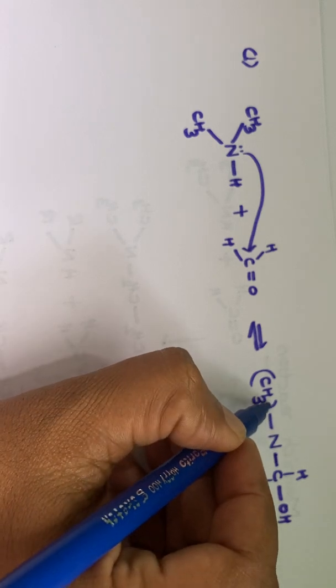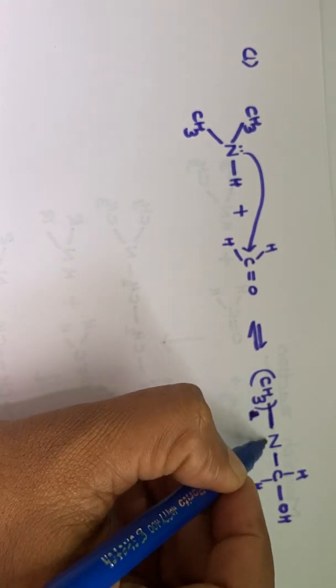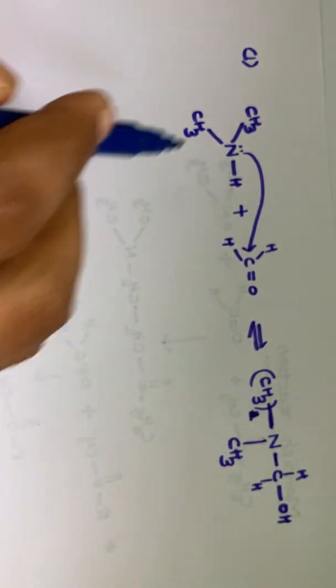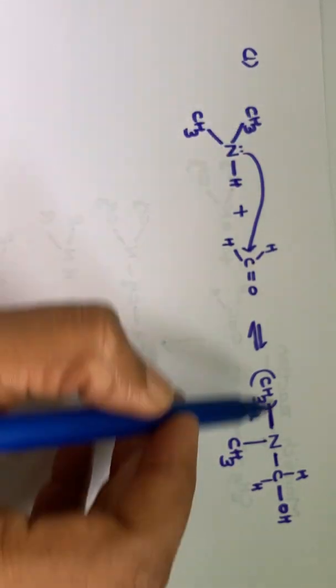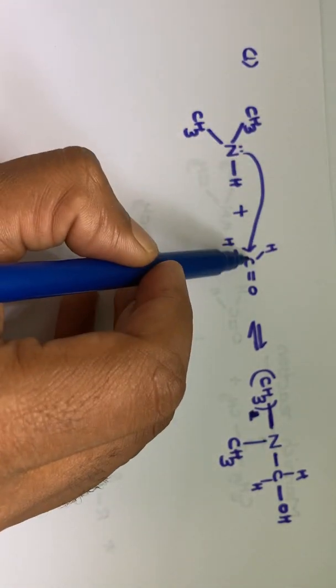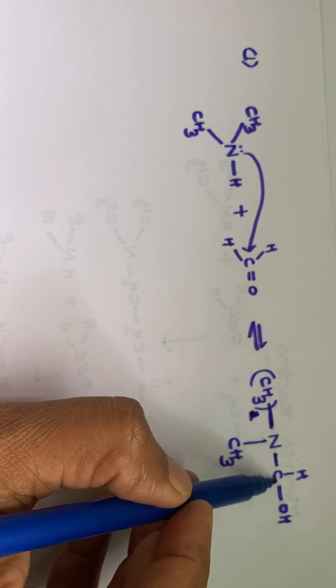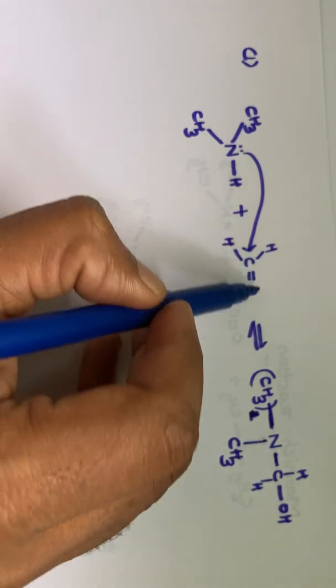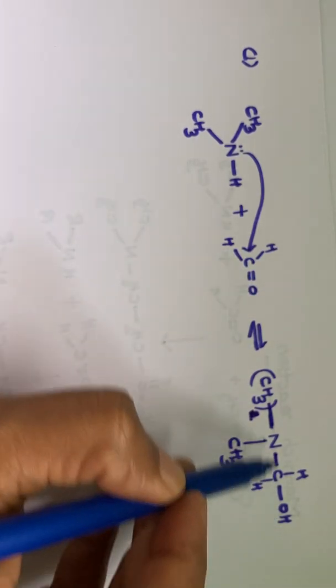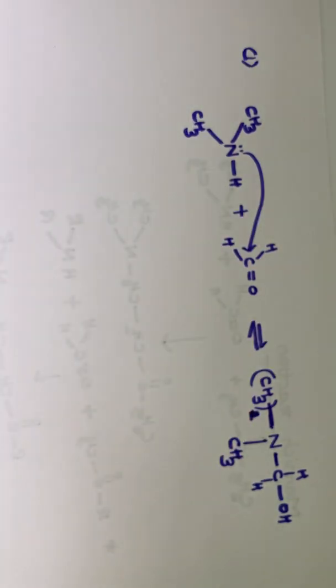If you are getting confused, you can just draw this one bond. This is another CH3. Nitrogen, CH3, CH3, nitrogen and attach this. So carbon double bond O, when it attacks, the single bond O minus will take up this proton to form OH. Now this is what happens generally.